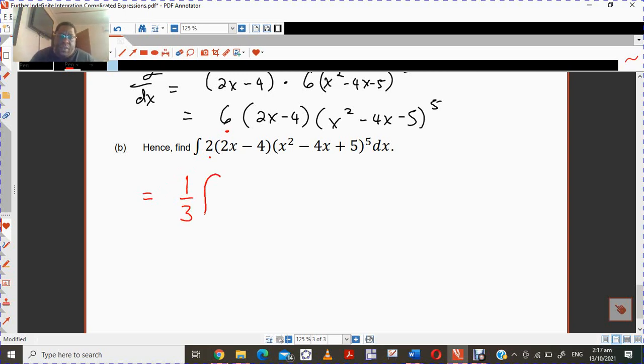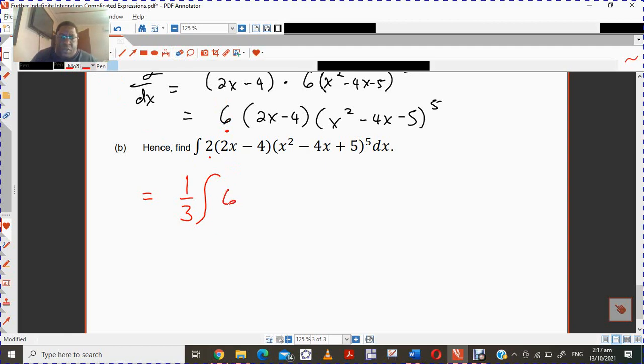Then you find the antiderivative of 2 as it's there. So we pull out a third of whatever we have. Our function was 6, then it's 2x minus 4, x squared minus 4x minus 5, raised to the power 5 dx. So we know what the function is.